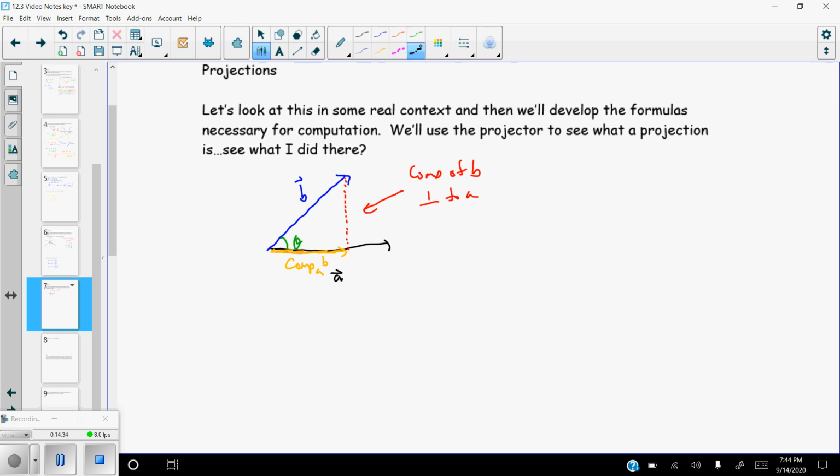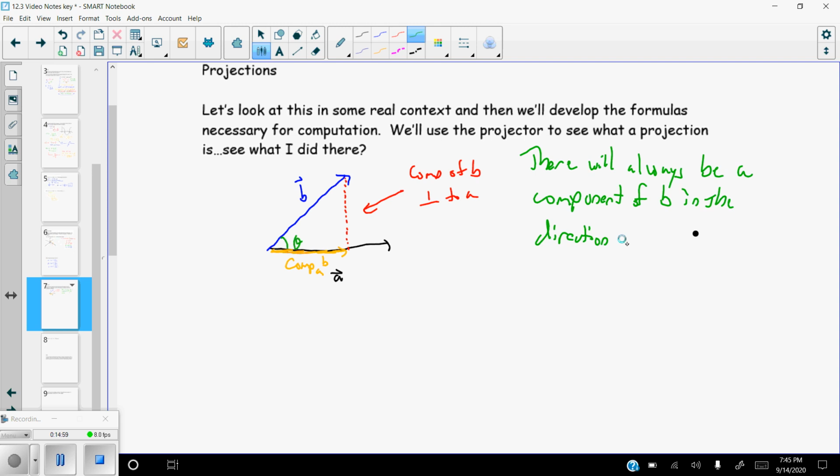So a note here is there will always be a component of B in the direction of A. When you have two vectors, you're always going to have some component that you can project down there.